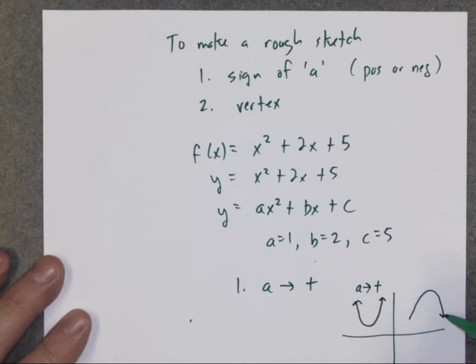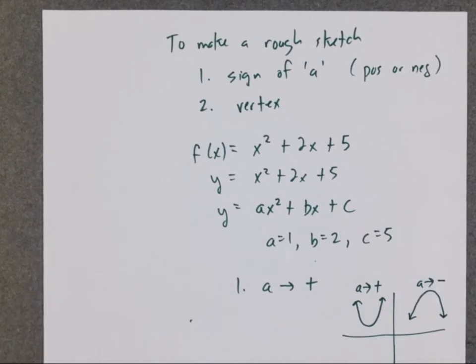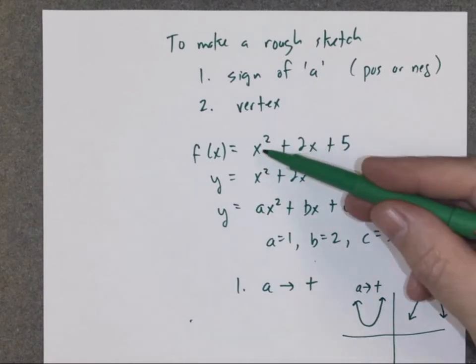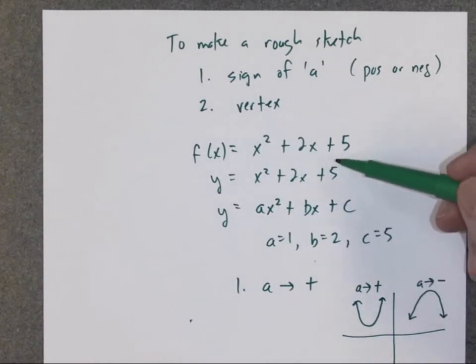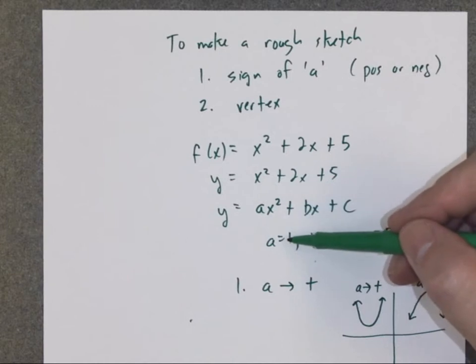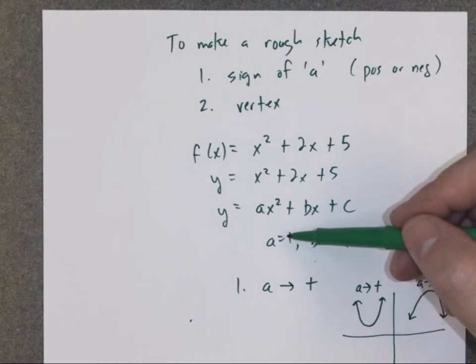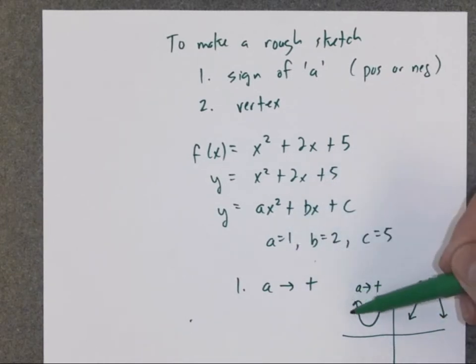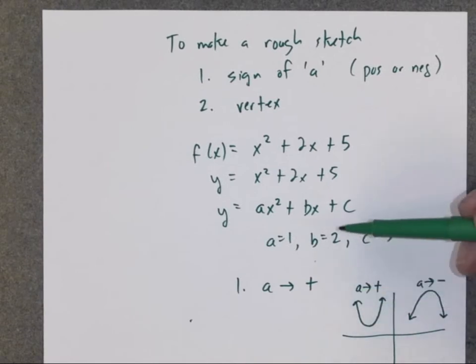And if it opens down, in that case, your a would be a negative number. So the bottom line is you can right away look at your equation and determine what a is. And if a is positive, you know it's going to be a parabola that opens up. If a is negative, it opens down.